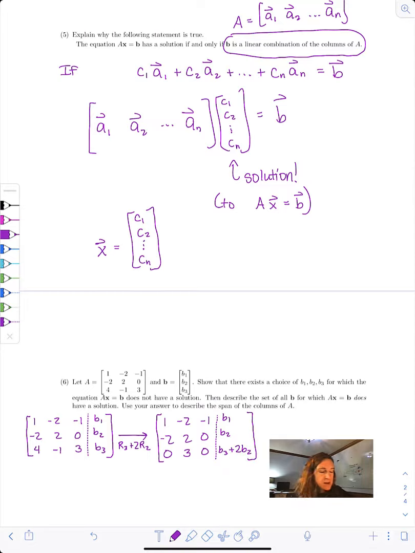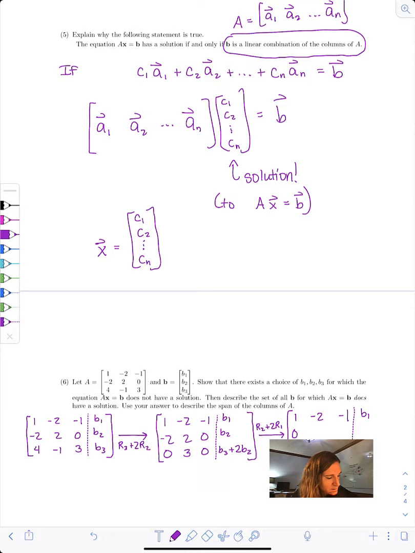And then let's try to get a 0 in that first column of our second row. So now we can take row 2 and add to it row 1. So our row 1 will stay the same. Our row 2, now we take 2 times row 1.